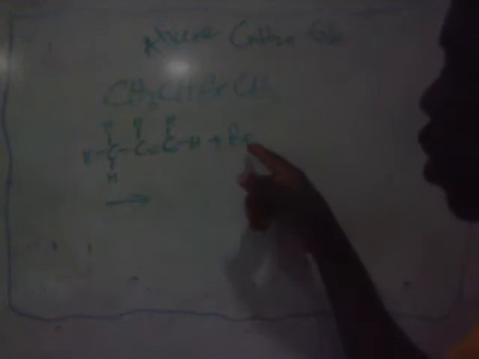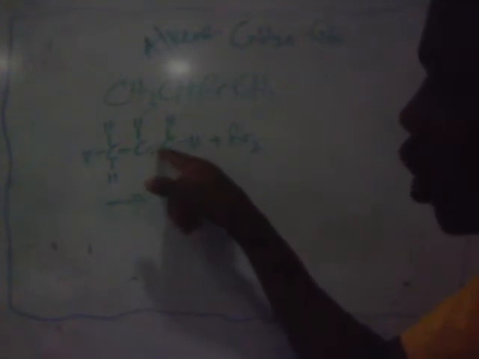One of the bromine will come here, another one will come here, as we remove the double bond.